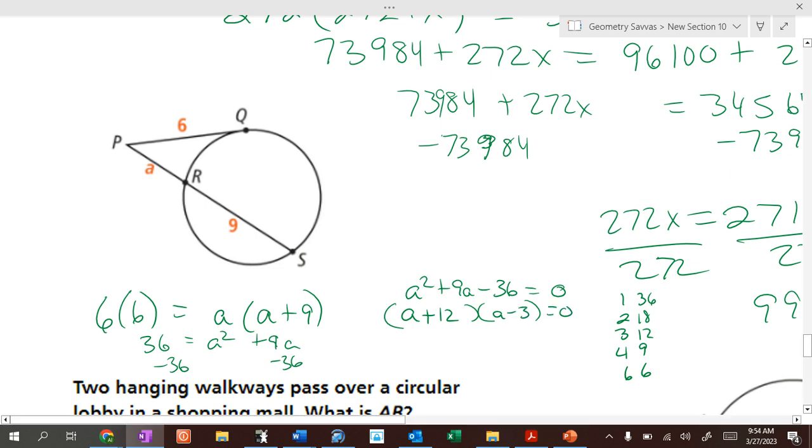Okay? A plus 12, A minus 3. Because they add up to 9, multiply to be negative 36. So A plus 12 equals 0, A minus 3 equals 0. So A equals negative 12 and A equals 3. Can A be a negative 12? Does that make sense? No. So A would have to be 3. 3 times 12 is 36. 6 times 6 is 36. So the answer is 3.